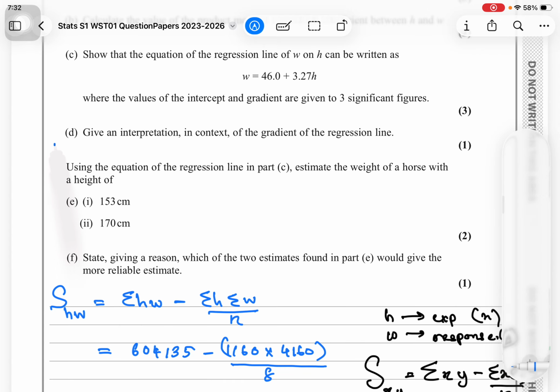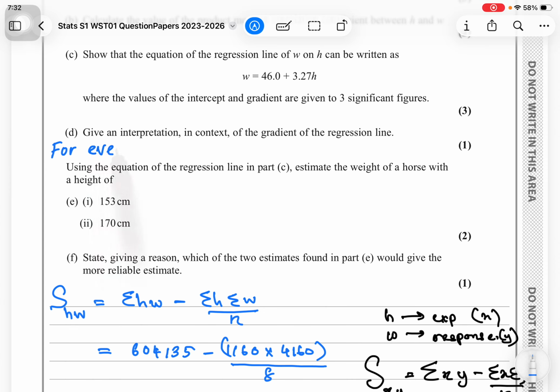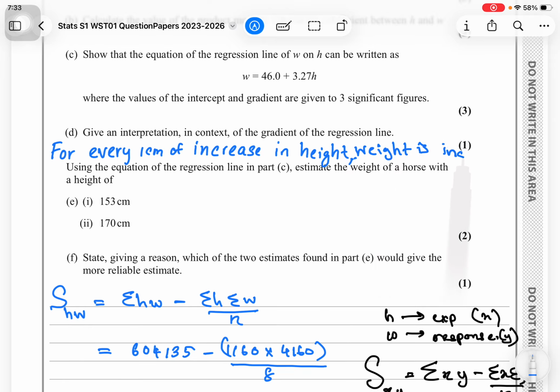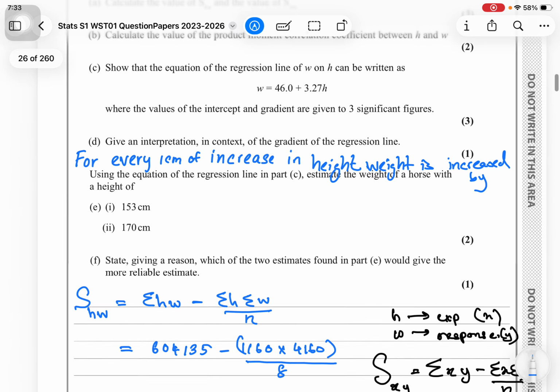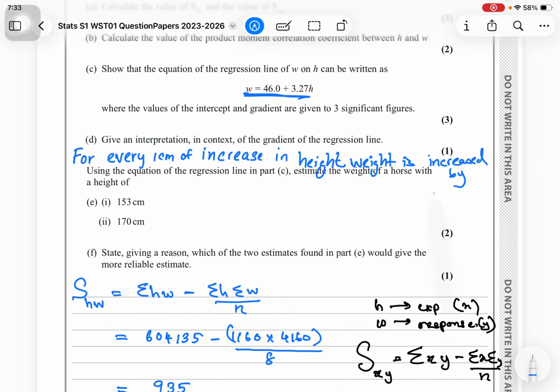So it's important to write with the units: for every 1 cm increase in height, the weight is increased by 3.27 grams on average.